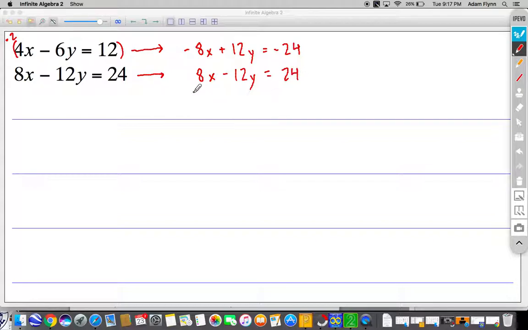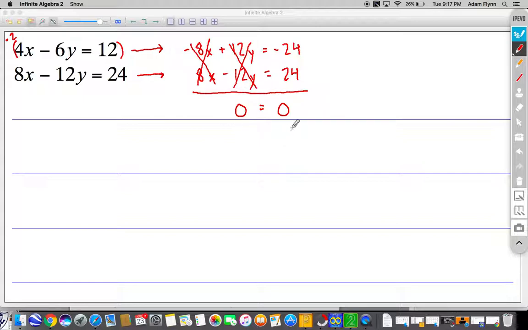So I'll combine. When I do that, negative 8x plus 8x cancels. 12y minus 12y cancels, so I'm left with a 0 on the left side. And negative 24 plus 24 is going to be 0.